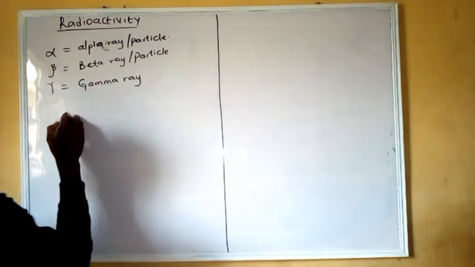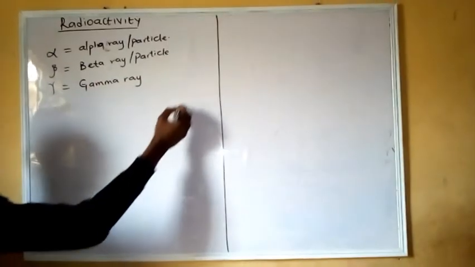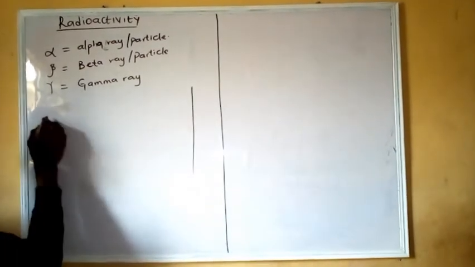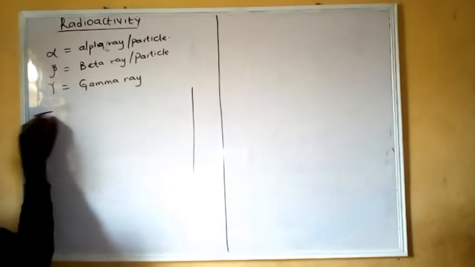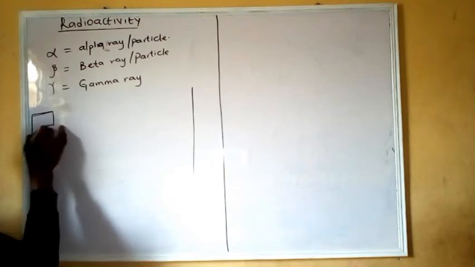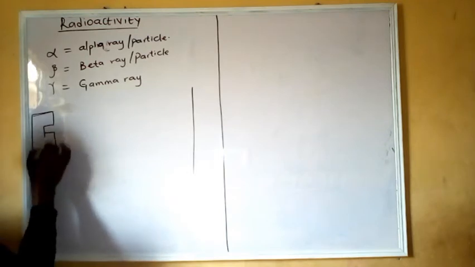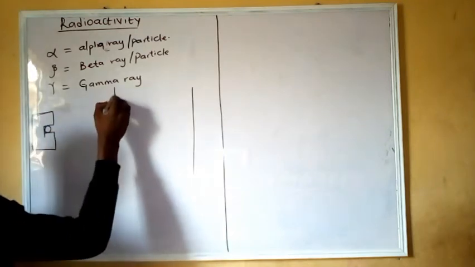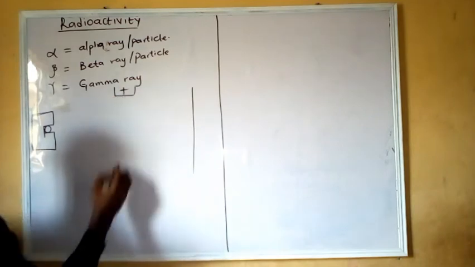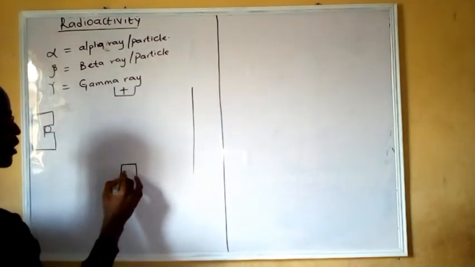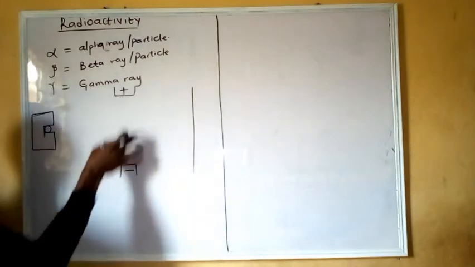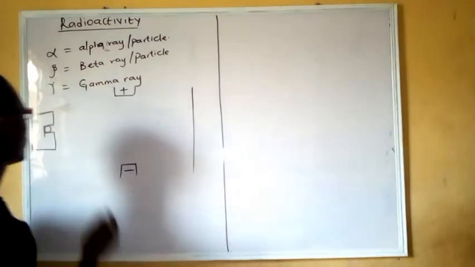If this is a photographic plate, then I have a source of radiation here. On this side we have the positive field, and here we have the negative field. Within here we have the electrostatic field.